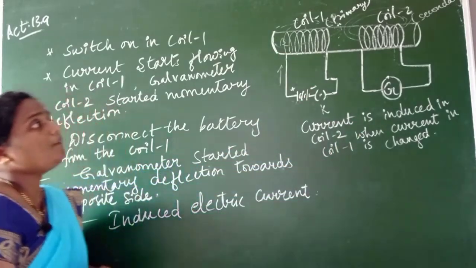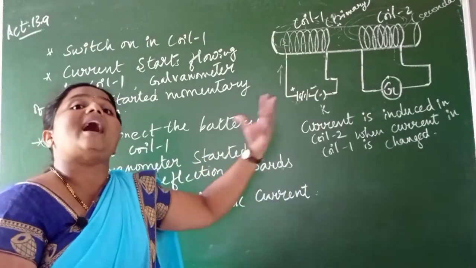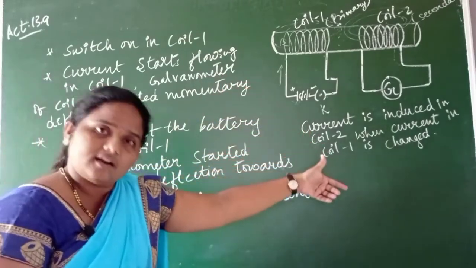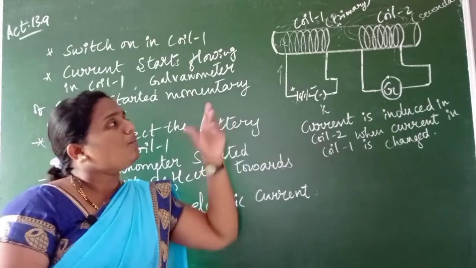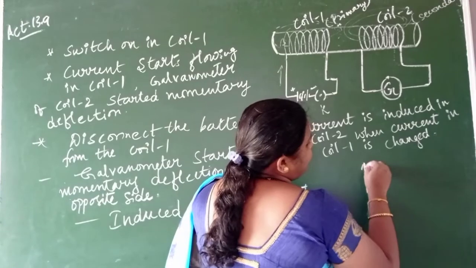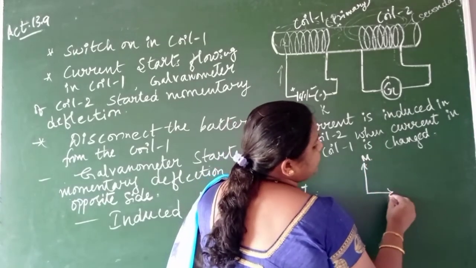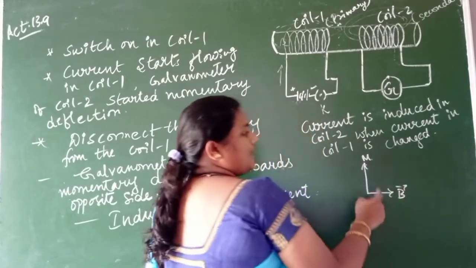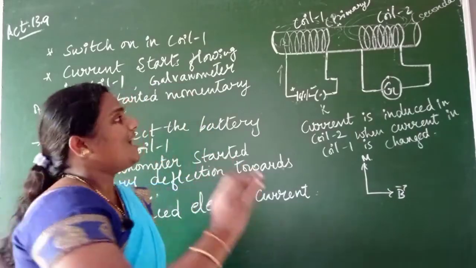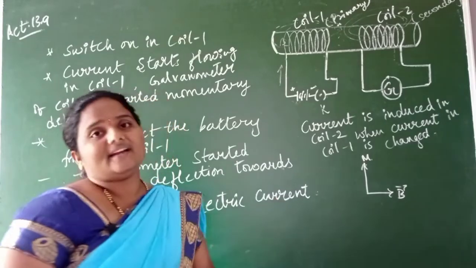The induced current produced by this method will be highest when the direction of the magnetic field is at right angles to the direction of the motion of the conductor. For example, imagine that this is the motion of a conductor and this is the magnetic field. When these two are at right angles, we can find the highest induced current, means we can produce a high amount of electric current.